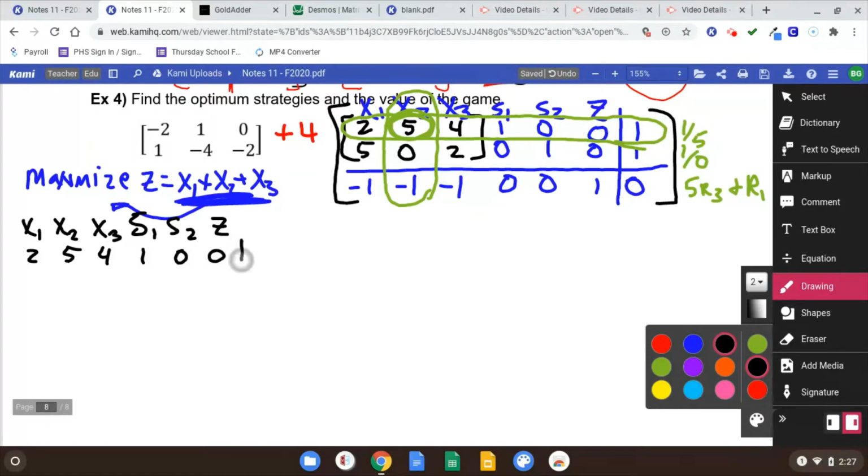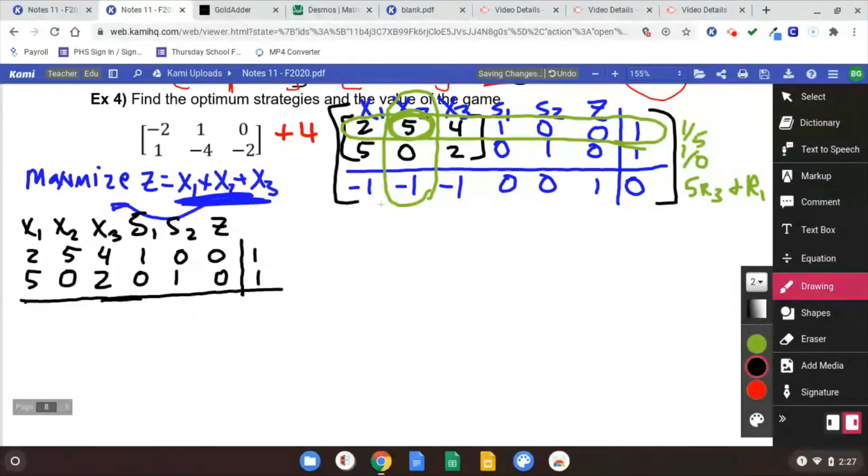That was our pivot row, and it doesn't need to change. We can copy the second row because of this 0 right here. Because of that 0, it doesn't need to change. I just had to change that bottom row. Okay, I needed to change this into a 0 according to this rule. So do this rule all the way across.